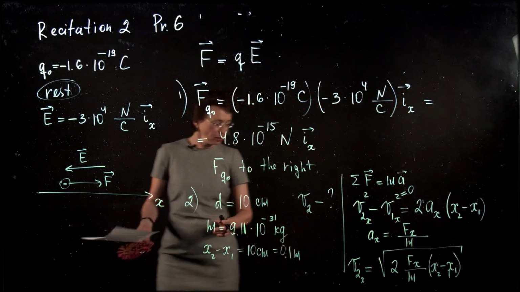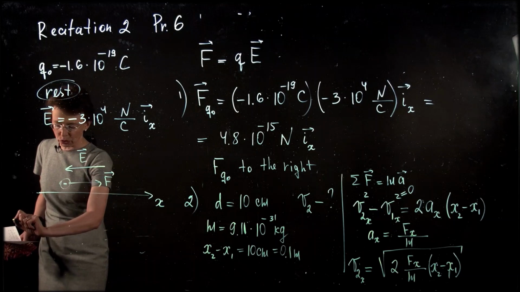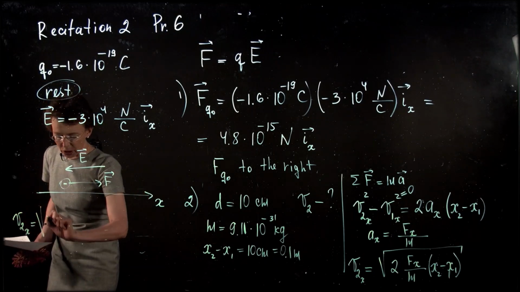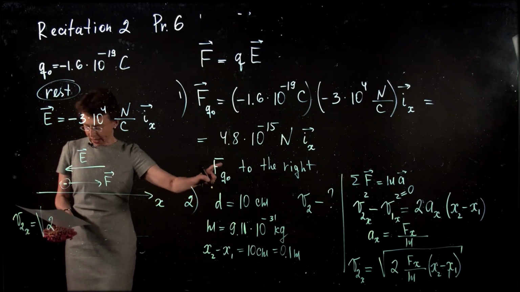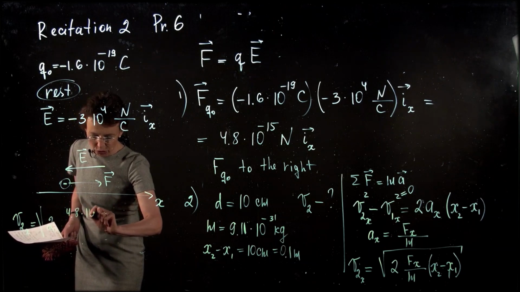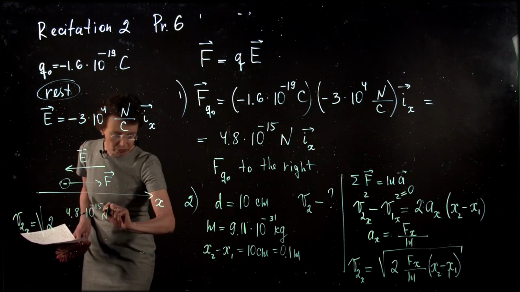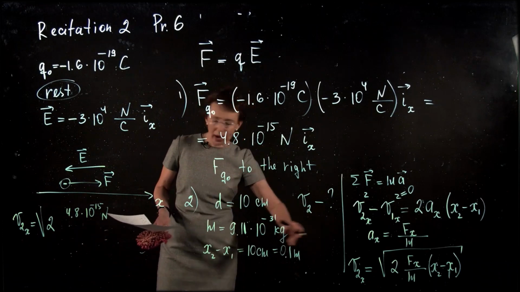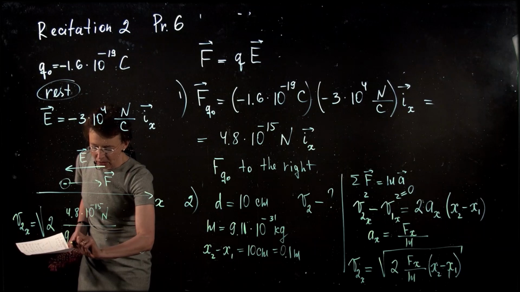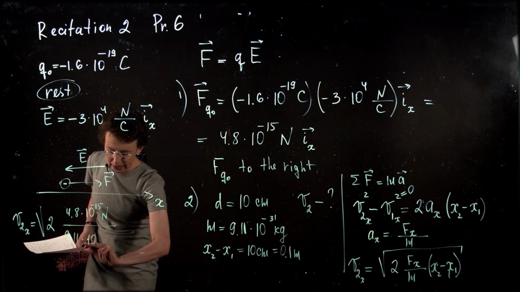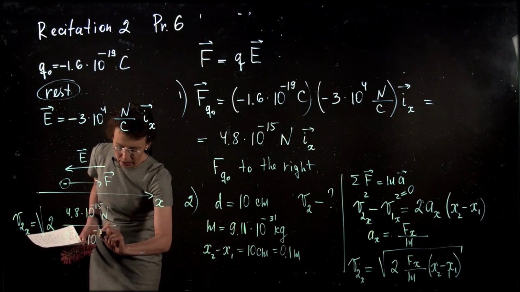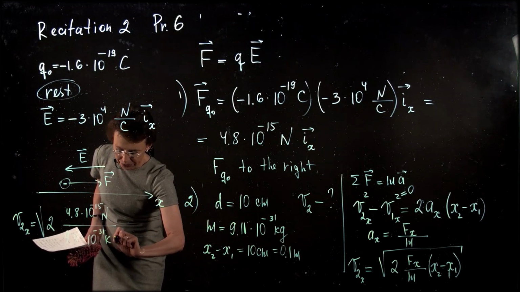I will plug in numbers in v2x. v2x is equal to the square root of 2 times Fx, which is 4.8 times 10 to the minus 15 newtons. We found it in part A. Divided by m, that is given. It is 9.11 times 10 to the minus 31 kilograms.